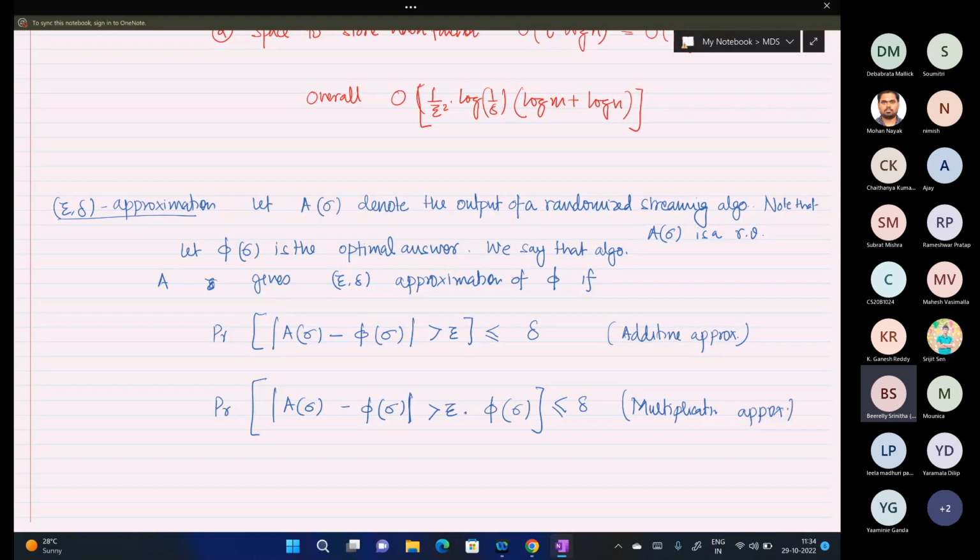This is typically the setting of epsilon-delta approximation. In the streaming algorithms we have seen so far, our aim is to come up with an epsilon-delta approximation. The error in the accuracy is determined by the parameter epsilon, and the error in the confidence is determined by the parameter delta. And epsilon and delta can be sufficiently close to 0. You can think of them as provided by the user.